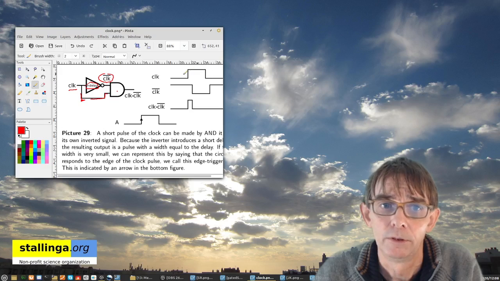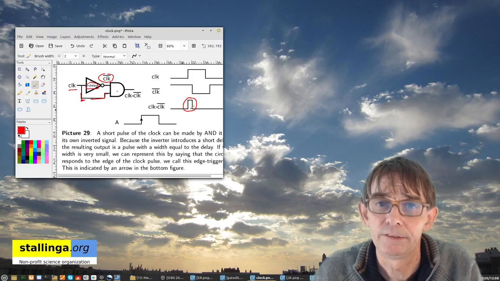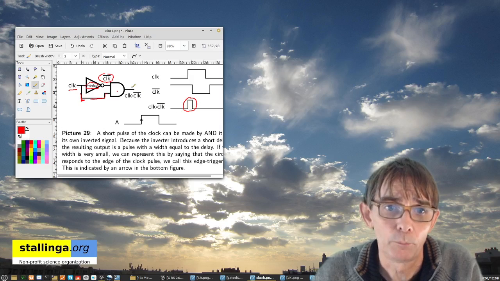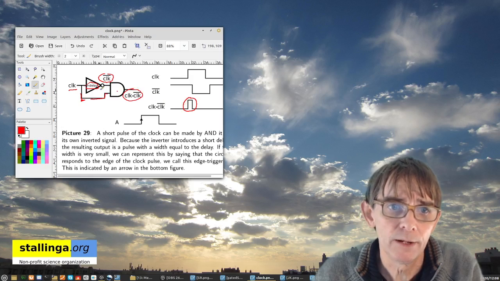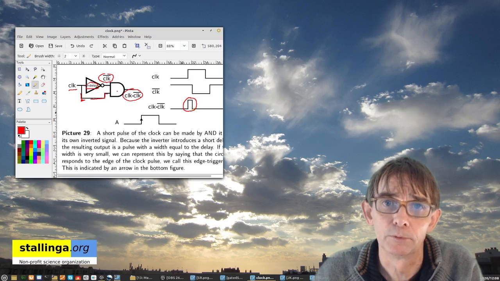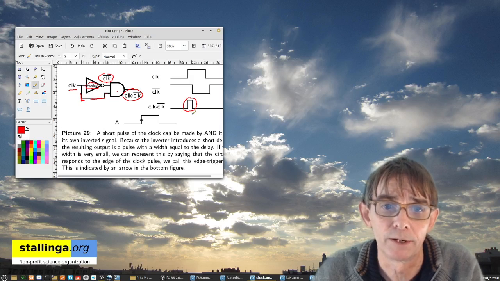The clock signal, and then we put an AND with the NOT clock signal, and as you can see, for a short time both of them are high, and this determines the width of the output signal after the AND gate. And if this delay is very short, this pulse can be very short. We're talking about, let's say, maybe a picosecond or something like this.